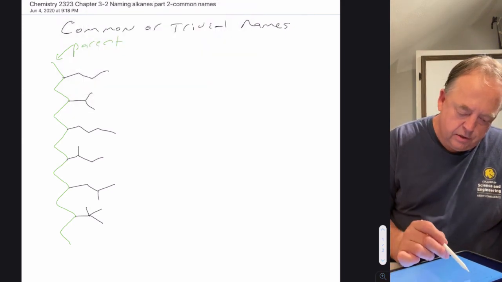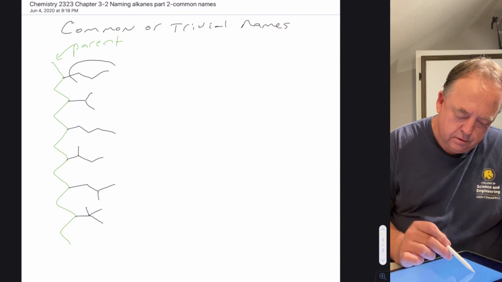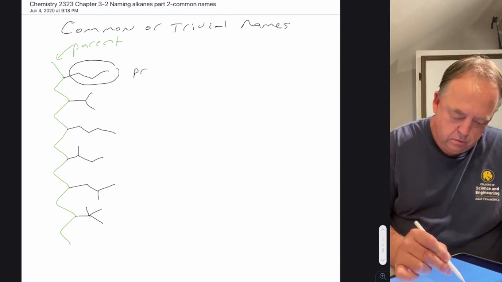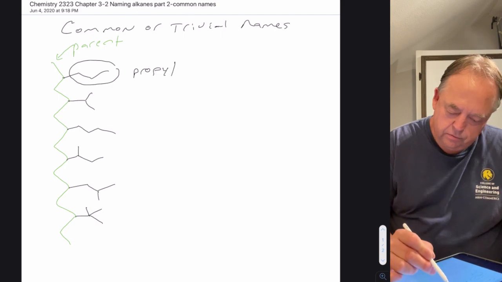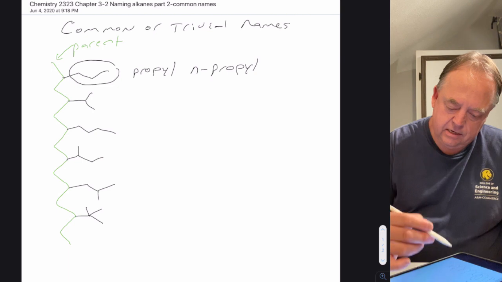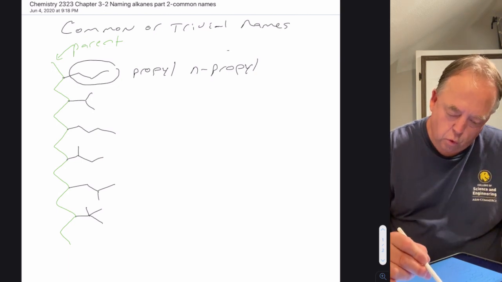Okay, so if you had a 3-carbon chain on the parent, then that would simply be propyl. Or sometimes you see it called N-propyl, right? N-propyl, where the N stands for normal.